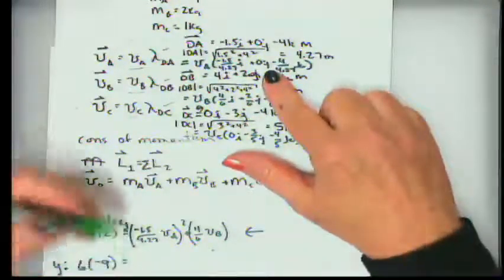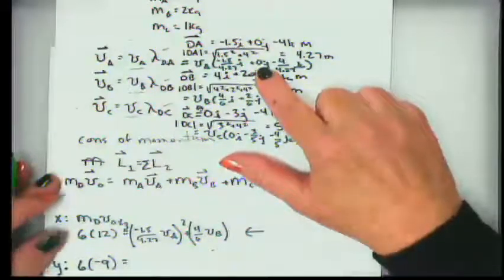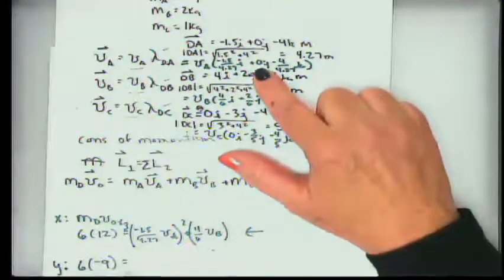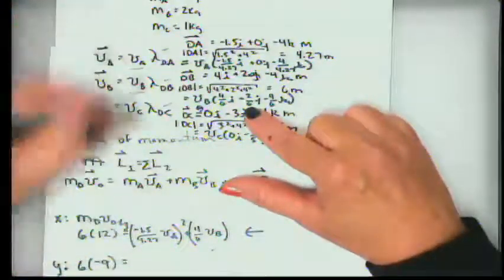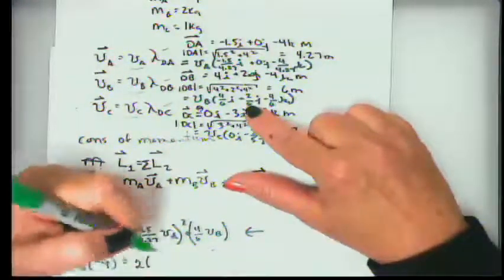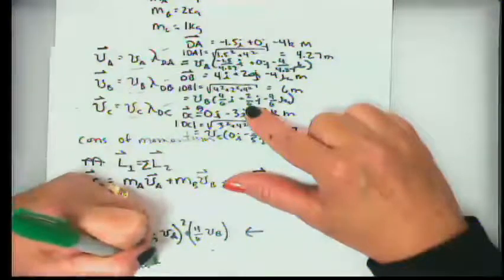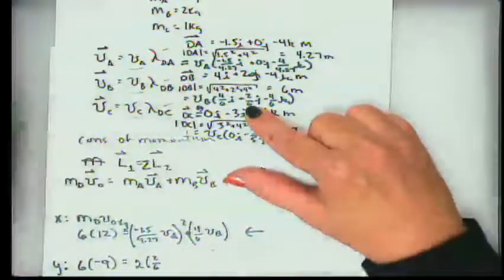And that turns out to be, let's see, VA in the y direction is 0, so there's no A there. But in the B direction, we have B, which has a mass of 2 kilograms, times 2 over 6, which is positive or negative? Let me just look at my picture again. Yeah, it's positive.